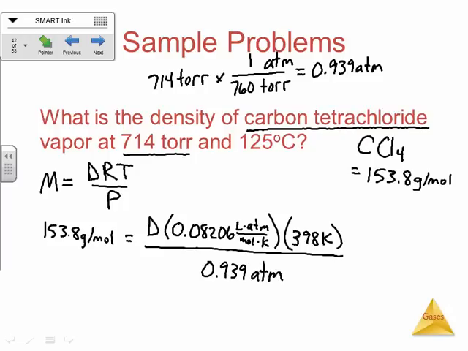So then we just solve this thing using cross multiplication. Not really cross multiplication, but we'd multiply both sides by the 0.939 to get rid of that fraction.